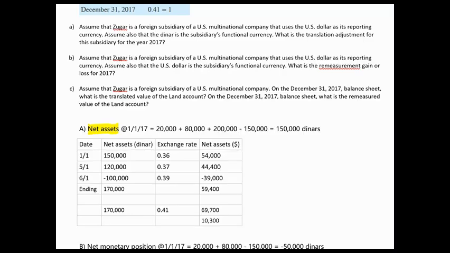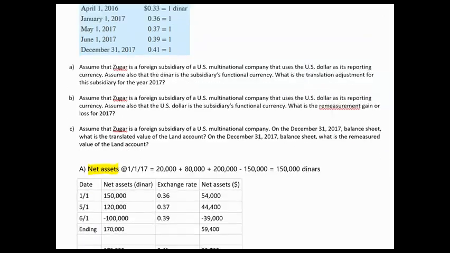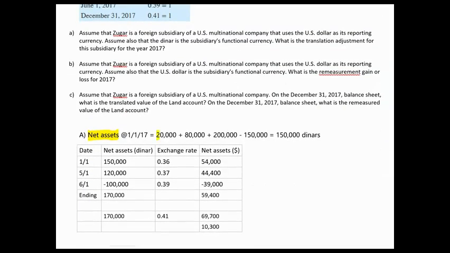So total assets here include cash, accounts receivable, and land. And the liabilities include the note payable. So we use total assets minus total liabilities, and we get 150,000 dinars.